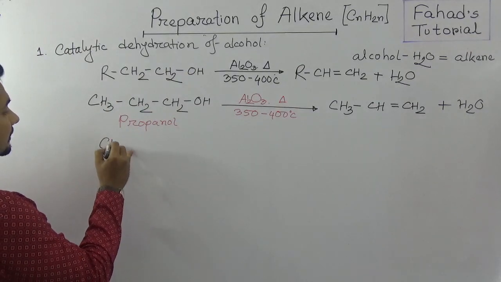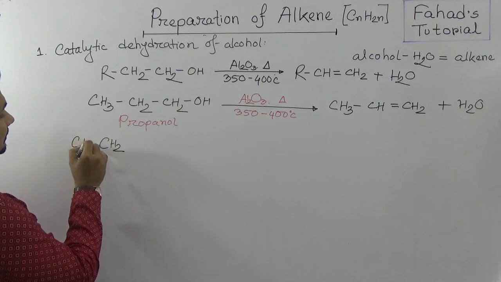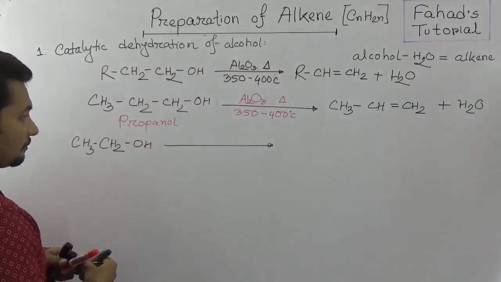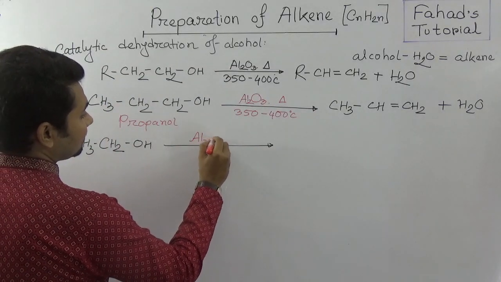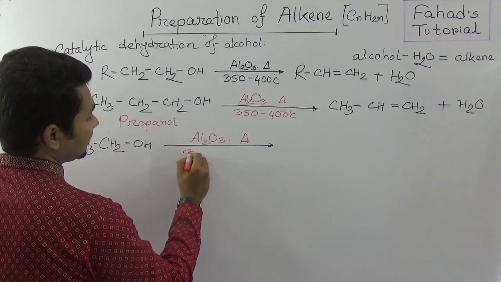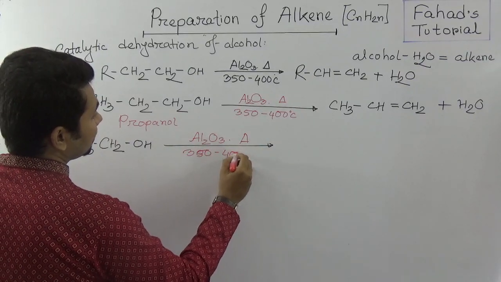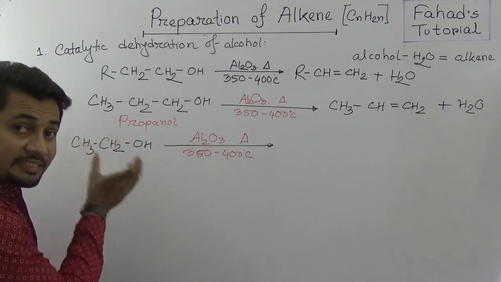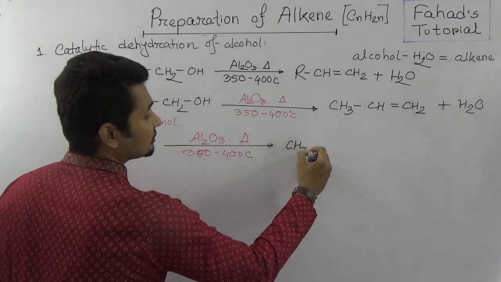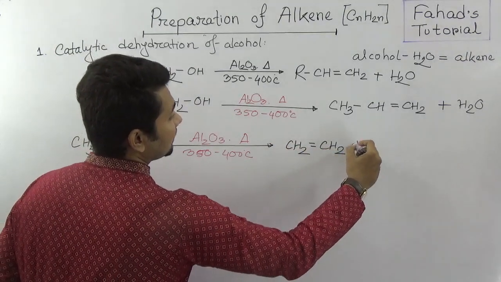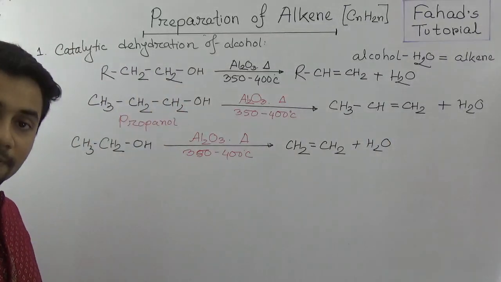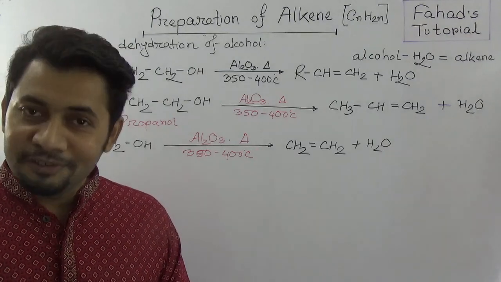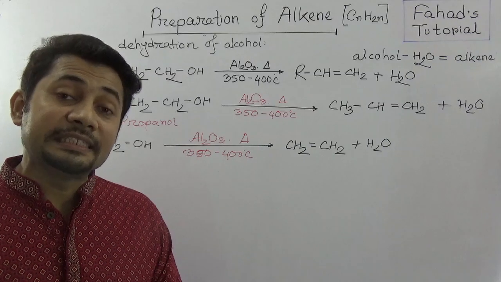Similarly, if this is CH3 CH2OH, this is alcohol, and you are heating it in the presence of aluminium oxide at 350 to 400 degrees Celsius. As this is ethanol, it will produce CH2 double bond CH2 and water will be removed. Simple, okay? In another way, there are other processes like sulfuric acid also performing as a dehydrating agent.